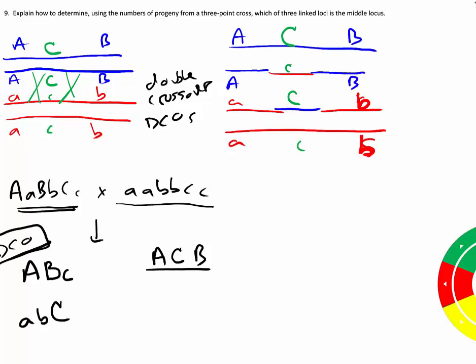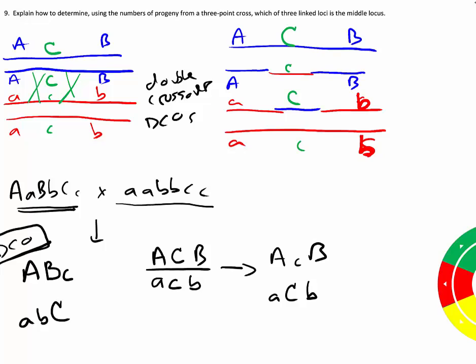But what that is saying, and sometimes we'll draw it like this, and this is how they started, and then when you get a double crossover, they end up giving you this. This will be much more apparent when we do what's called a 3-point cross.